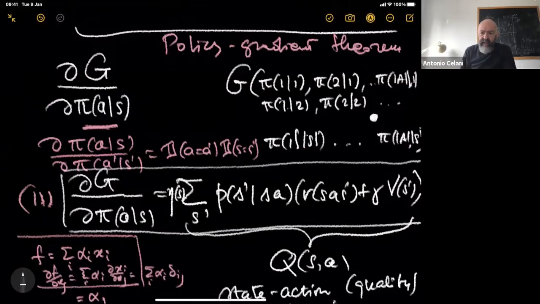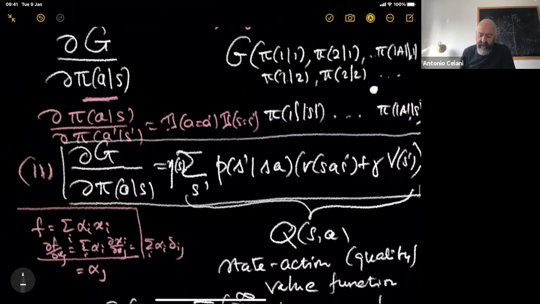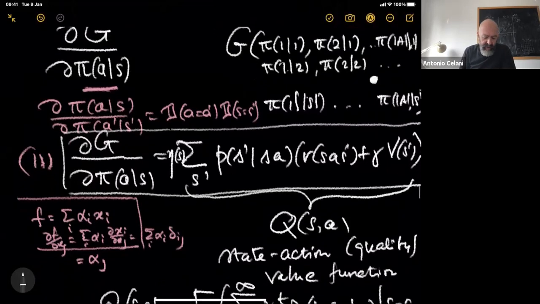This will result in a change in my objective function that is given on the right-hand side. And of course, since the left-hand side depends on which state and which action I'm modifying, also the right-hand side does. And in particular, I'm going to introduce this object.